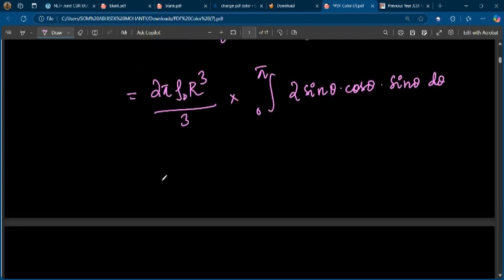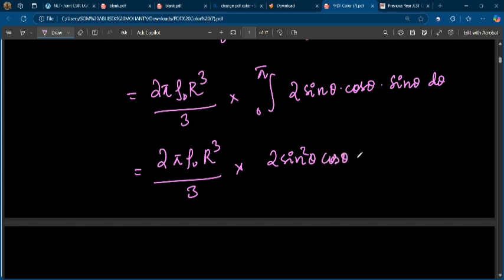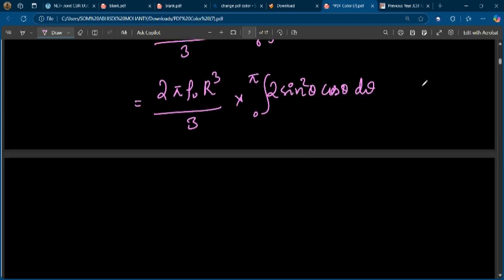So if we do it, it's 2 pi rho naught r cube by 3, 2 sine square theta cos theta d theta, 0 to pi. See the integration of this one: if you remember, the integral of f^n(x) f dash(x) dx is f^(n+1)(x) by n plus 1.